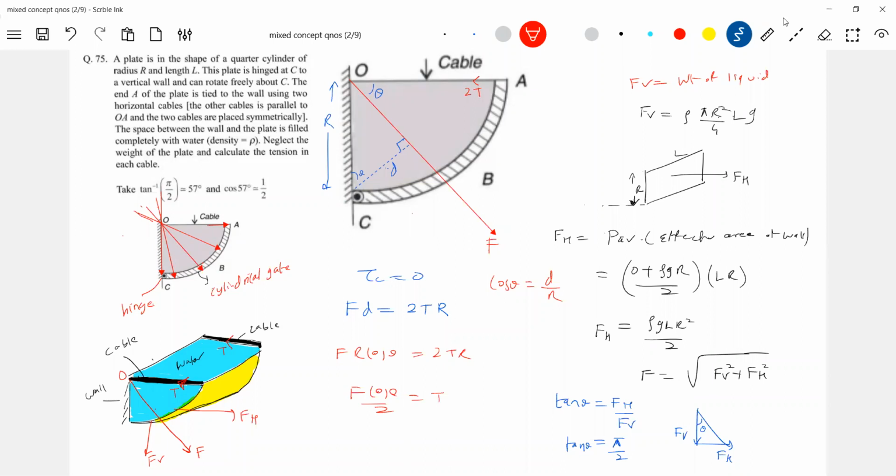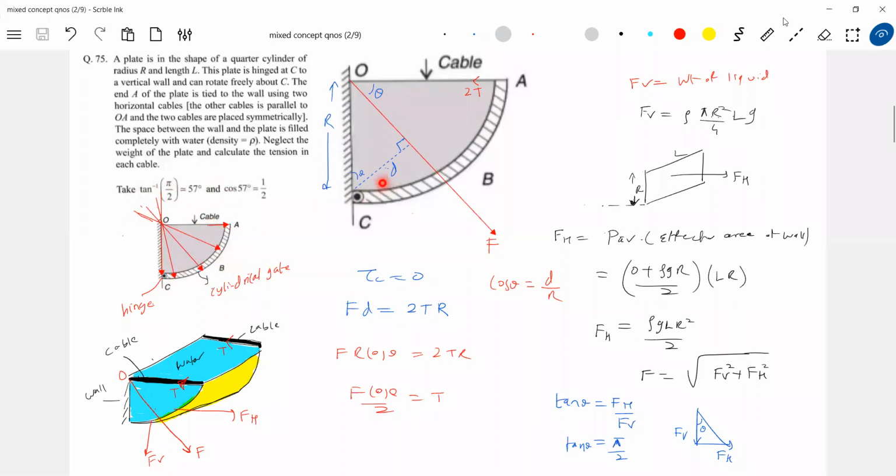So what is the value of F, you know? Then you know tan theta. From tan theta, you're going to calculate cos theta. He has given those values. You can check it. Substitute and solve, and you'll get the expression for tension. Of all, this is very important. I want students to really analyze this.